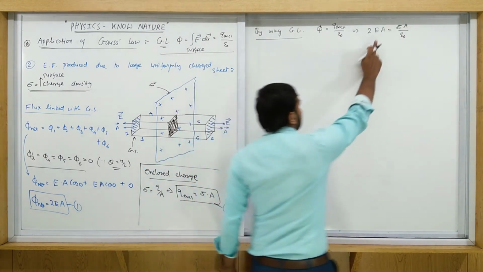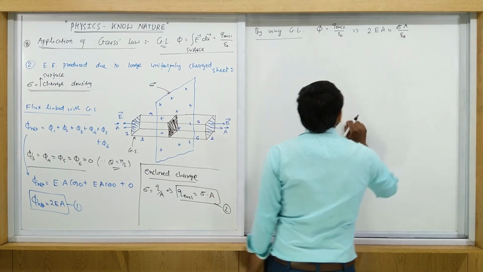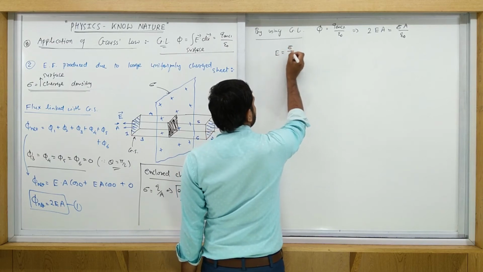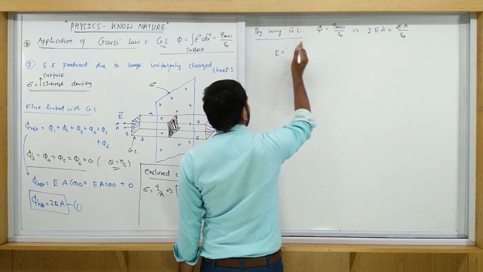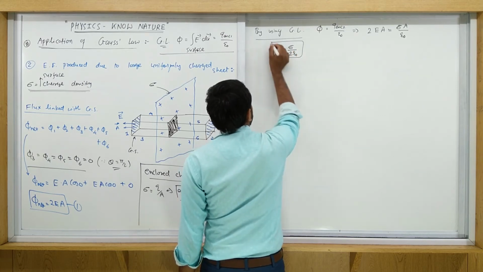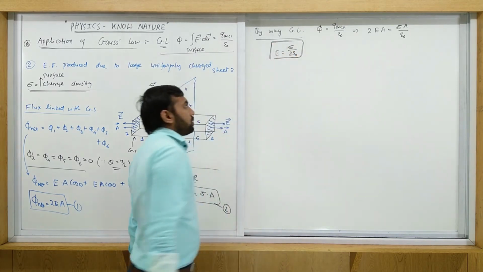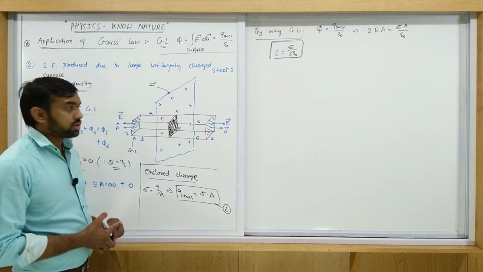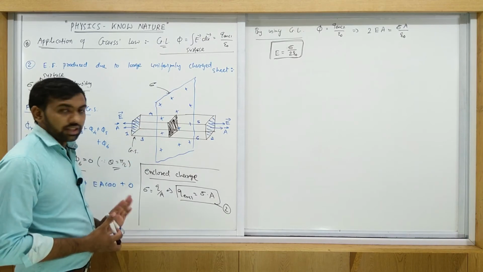Here A is cancelled out and the 2 comes in the denominator. So what is the electric field? The electric field is equal to sigma upon 2 epsilon naught. So this is the electric field produced due to this infinite sheet.